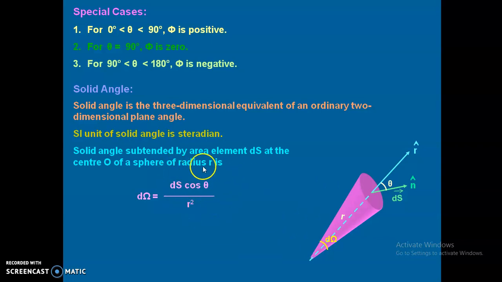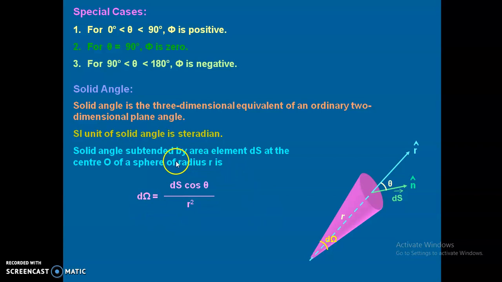This is the formula. Remember, we will take the component of this dS in which direction? Radially outward direction. So the dS component in this direction would be dS cos theta. That's why dS cos theta by r square is written.